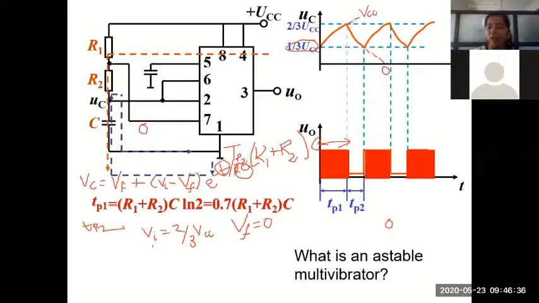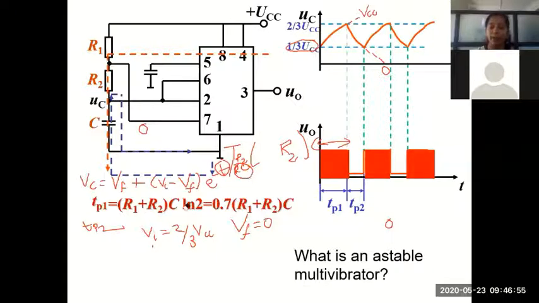At the end of the discharge cycle, the time period that would have elapsed is TP2. And instead of R1 plus R2 into C, or instead of RC, I should put R2 into C, because the discharge path is through the single resistor R2 and the transistor.